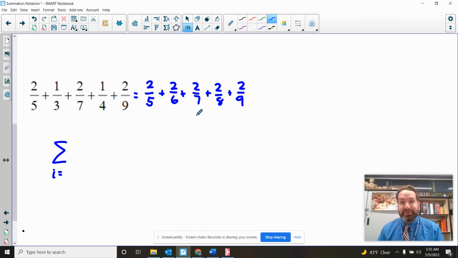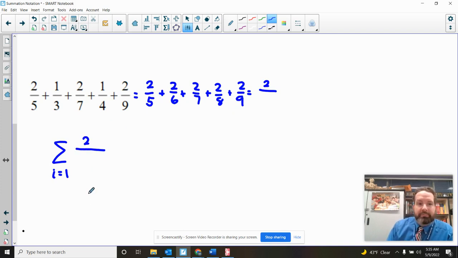Now, we're going to look at this one written 3 different ways. Once starting with an index of 1. So that's where I'm going to start. So what do I see down here? It's always 2 over, and then my denominator just increases by 1 every time. So 2 over.